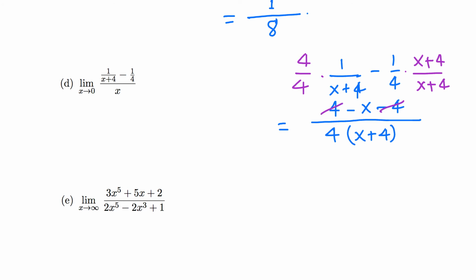So if we come back here, when we combine these two fractions, we're going to get negative x over 4 times x plus 4. Now we still have a complex fraction, so this is the top and this is the bottom.